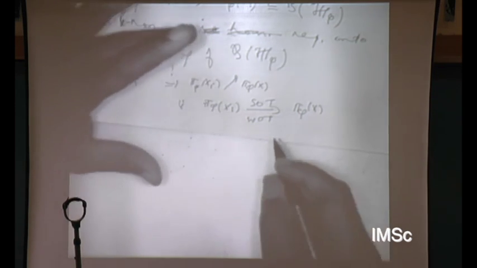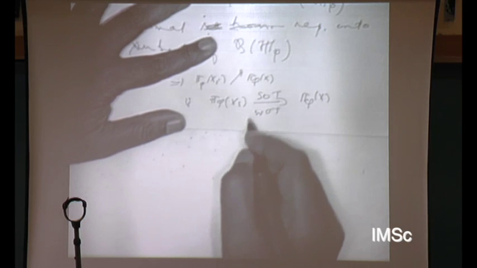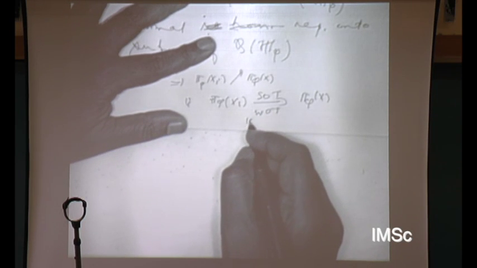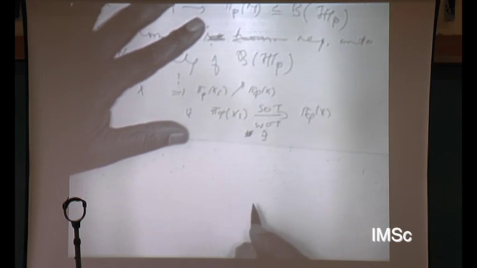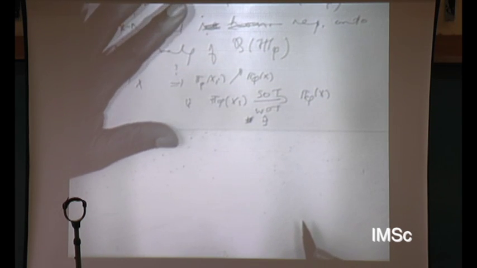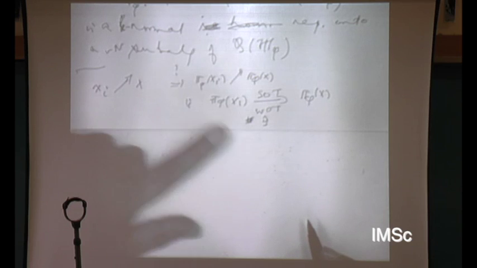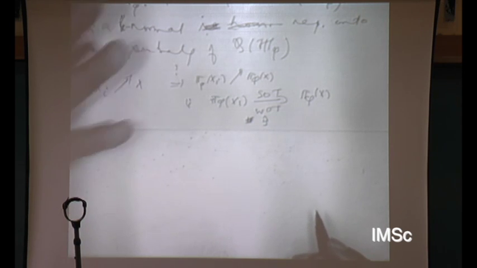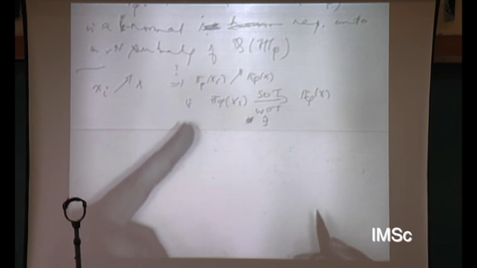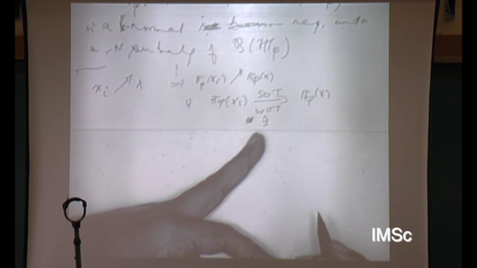And here the natural dense set to check it on is things like y hat. Things like y hat, y in M, are by definition a dense family in H phi.